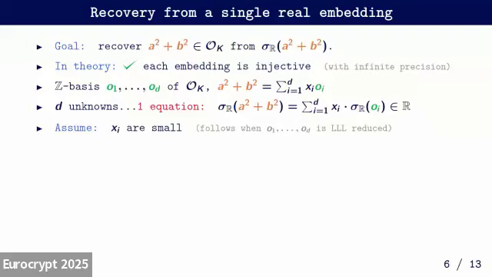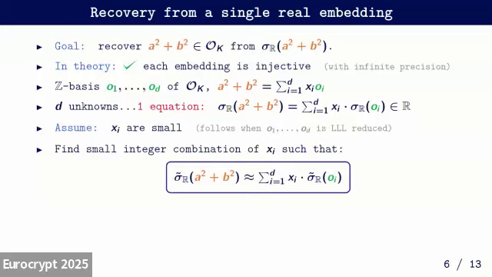However, we can assume that all these x_i are small, and you can do that assuming that this basis is LLL reduced. I mean, you don't have to assume it, you can just compute that, and also that our input matrix is LLL reduced. And in this case, what we want to find is not just any x, but somewhat small x_i. So we want to find a somewhat small integer combination of these real embeddings of our basis that gives precisely or approximately the real embedding of a squared plus b squared.